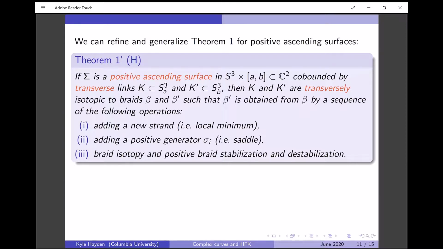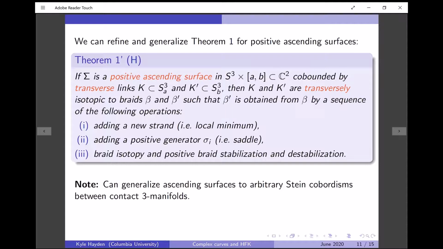Okay. So this is a really useful structural result so we can understand topologically what this complex curve or what this positive ascending surface more generally looks like. An important point is that we can generalize ascending surfaces naturally to arbitrary Stein cobordisms between contact 3-manifolds, and the same results are true.